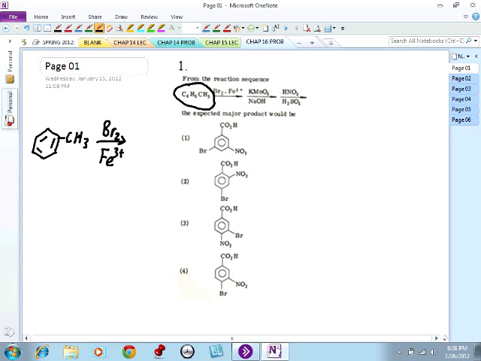Very good. Because the methyl group is an ortho-para director, we expect to get two products. So we have the ortho product and the para product.